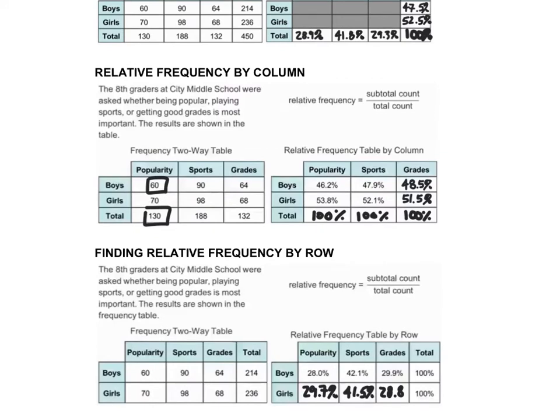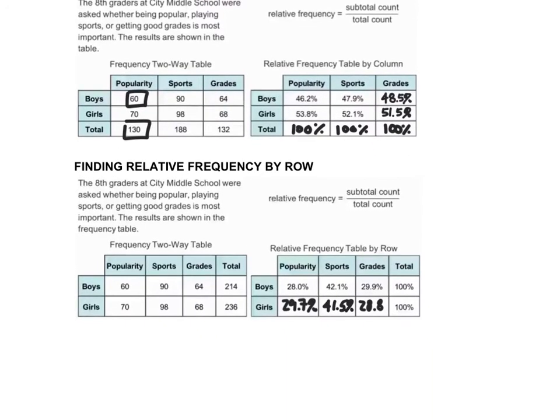The reason why we do it is because we want to look at the responses for popularity. If we look at popularity as a whole, we can say we know that girls in this example tend to think that popularity is more important than boys do. And even the same with sports, they think sports are the most important. And same thing with grades. Typically, that's what they favor the most. Same thing over here with looking at the total of boys and the total of girls.